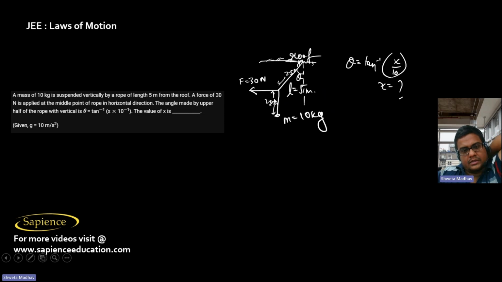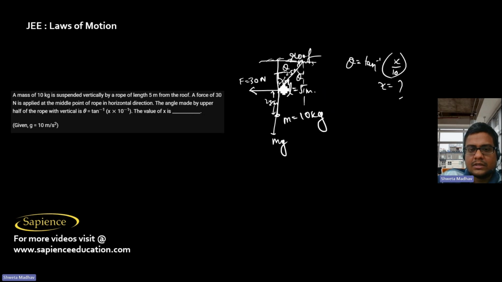Now here we can see that this is the tension force, and here the force F, and here mg is acting. Now if this is theta, then this is also angle theta only. Then here we will have T cos theta, and here we will have T sin theta.